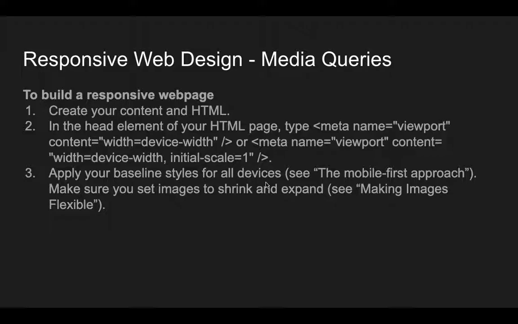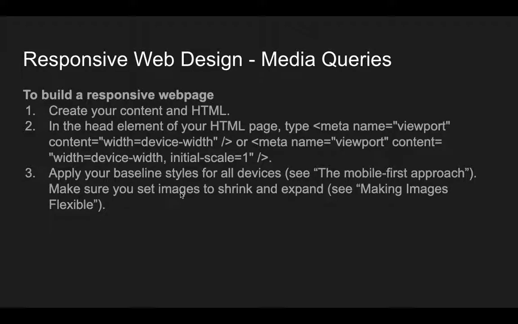And then you're going to apply your baseline styles for all your devices. Some folks recommend taking a mobile first approach, developing your page to work for mobile, and then developing it to work for other sites.